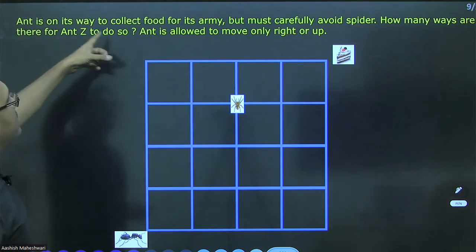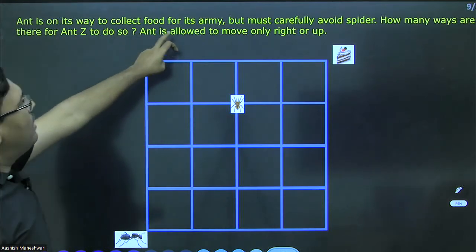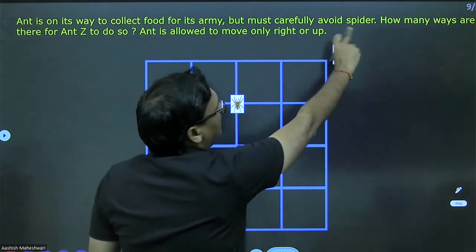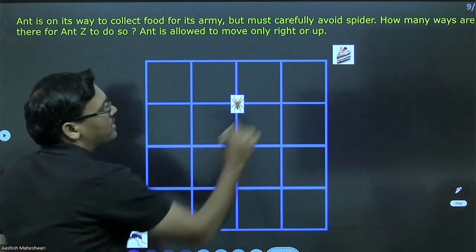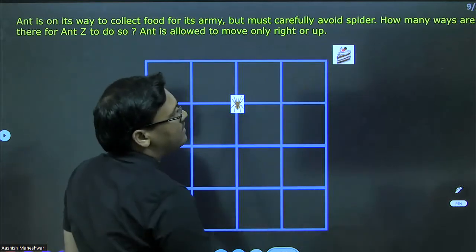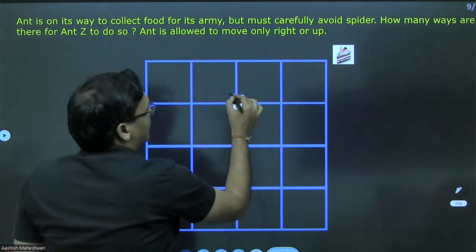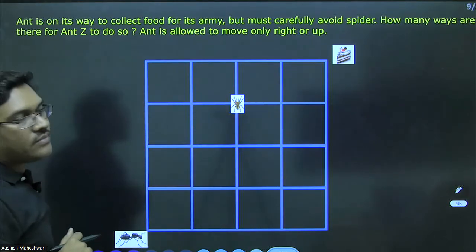An ant is on its way to collect food for its army, but it must carefully avoid a spider. That means it is going from here to here, right? This is the food, right? It has to be careful and it has to avoid this spider.